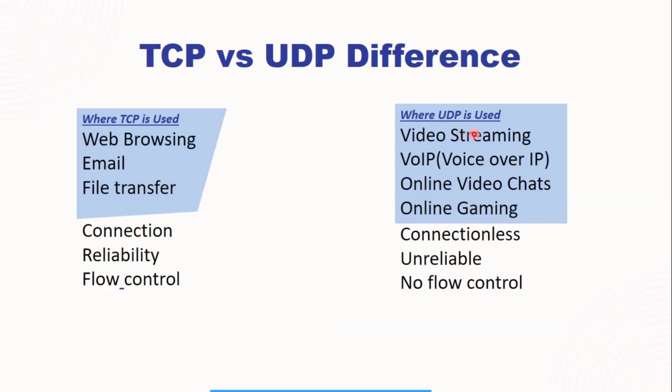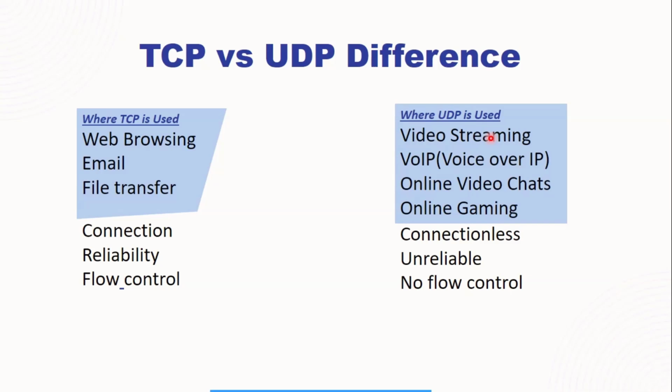UDP does not guarantee reliable delivery or ordered transmission of data packets, and it does not perform error checks or retransmission of lost packets.